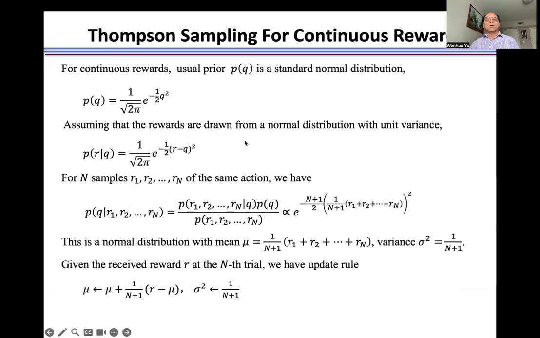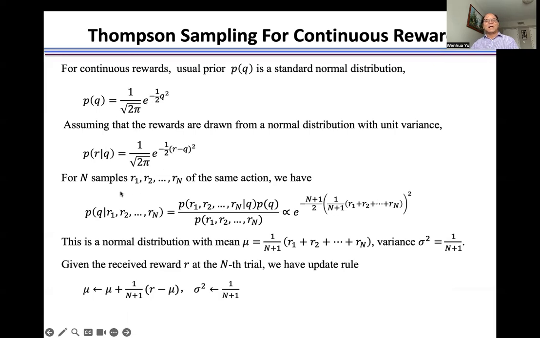For the continuous reward, the prior can be a standard normal distribution, a Gaussian distribution. The probability of receiving the reward is in this formulation, and we can calculate it from this standard distribution.